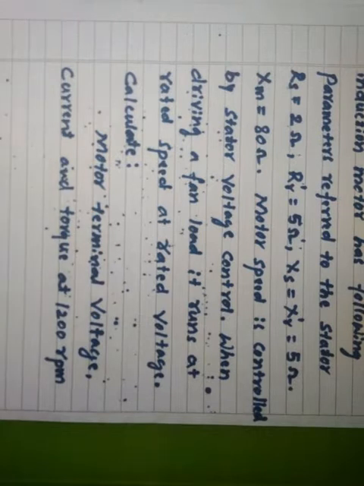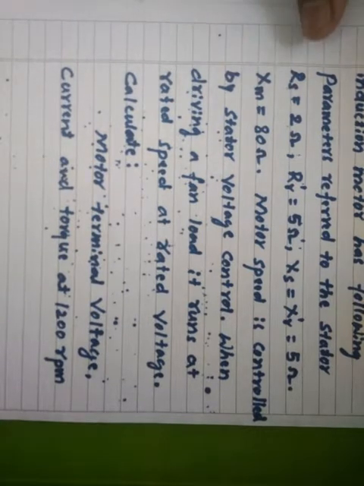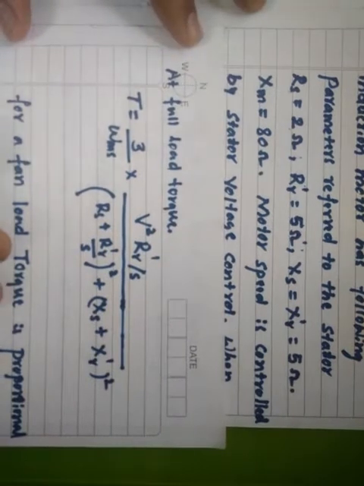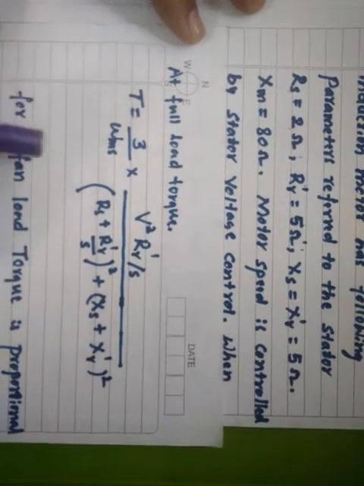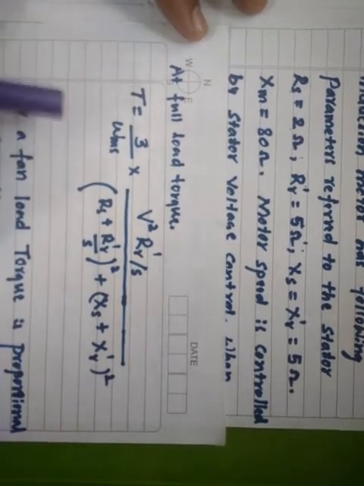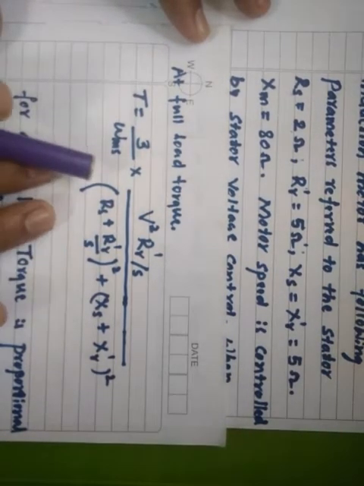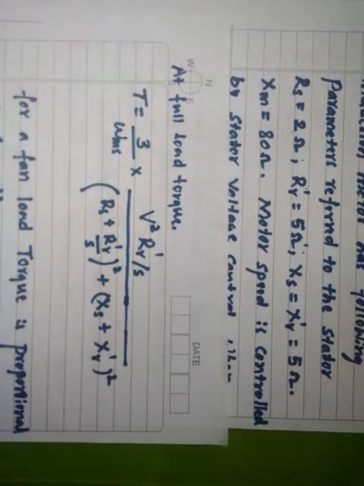Let us first begin by calculating the full load torque. Here I have the equation: T is equal to 3 over omega ms into V square. This is the basic equation to calculate the torque.